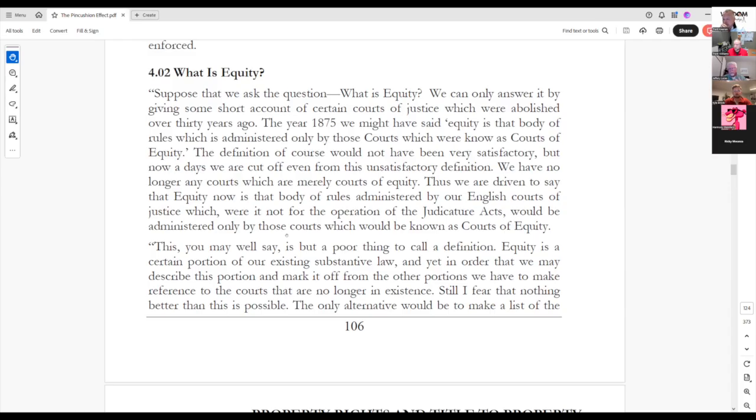So they're not all named the same, but that last trial level before you go up on appeal, those are your higher ranking courts, and they generally speaking have both equity and law jurisdiction. All of your appellate courts have equity and law jurisdiction, and of course, the Supreme Courts in your states have equity and law jurisdiction as well. And they have to, so people will come to them for complete relief on whatever their issue is.